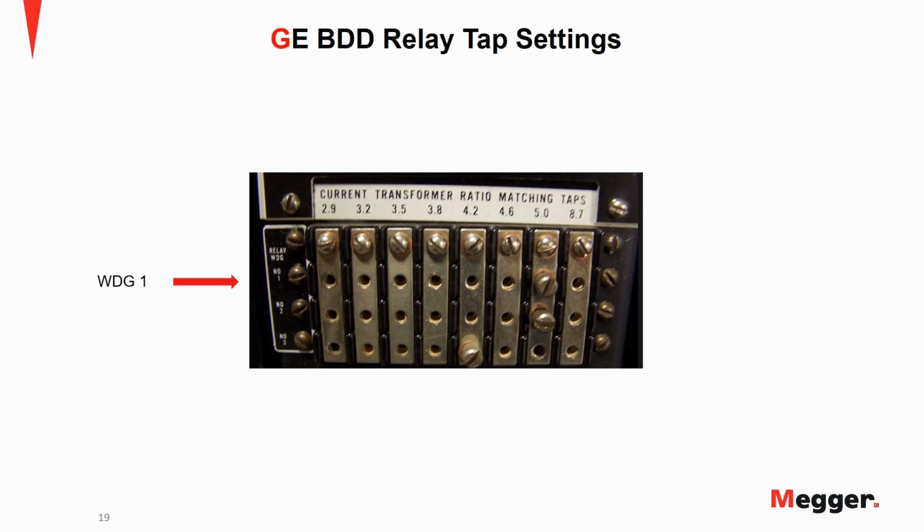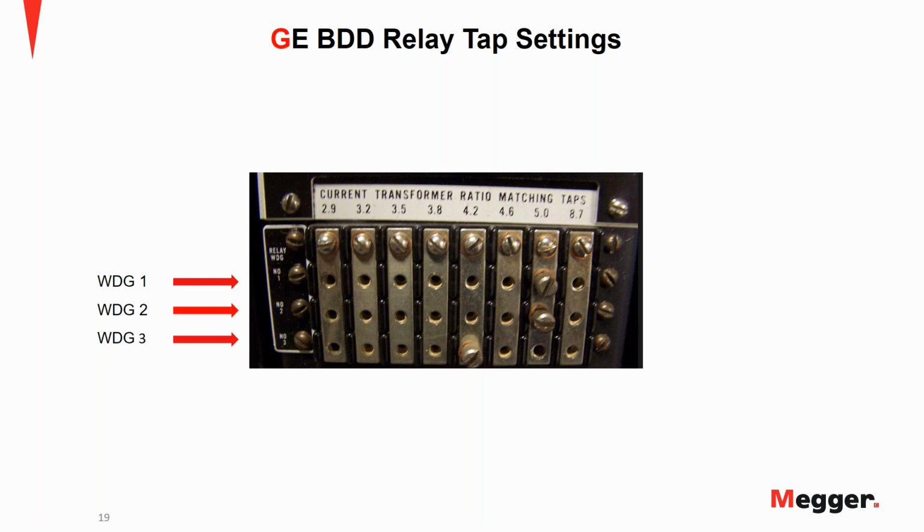So each one of these is the tap block for the BDD relay. The first one is winding number 1. This is for the first winding, and these are individual taps that can be set for your mismatch between high side and low side of the transformer. The second set of windings is for a second winding of a 3 winding transformer.